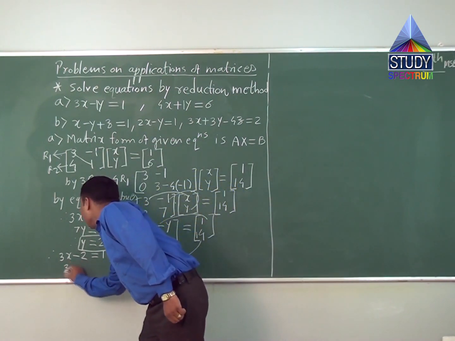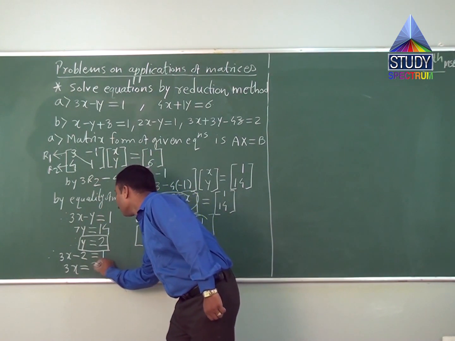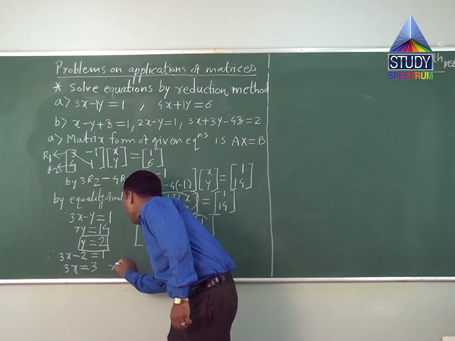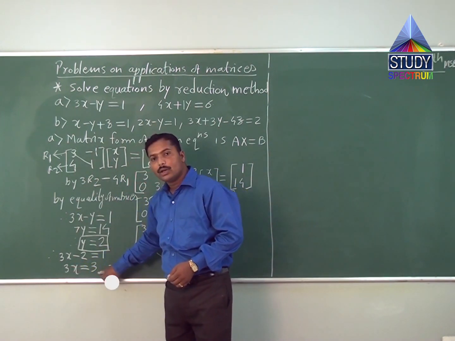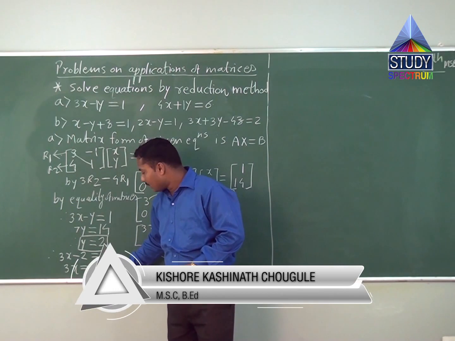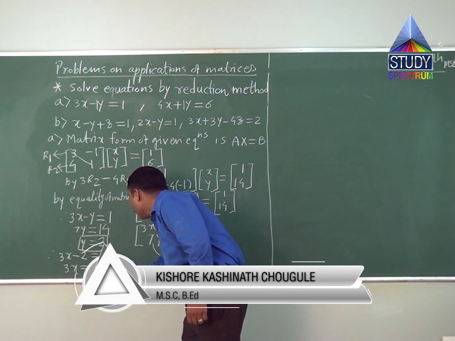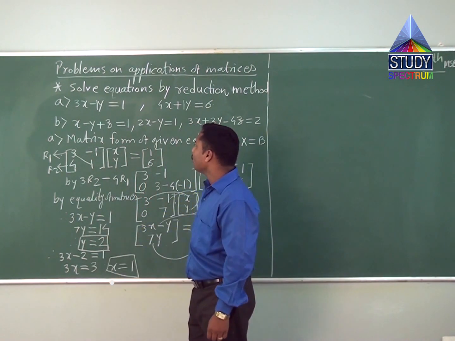So 3x equal to 1 plus 2, 3, and therefore x equal to 3 divided by 3, 1. So our solution is x equal to 1, y equal to 2.